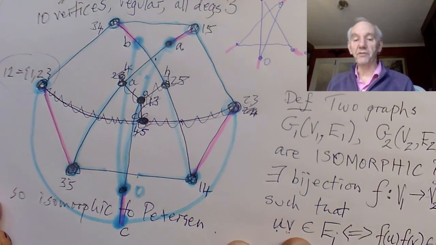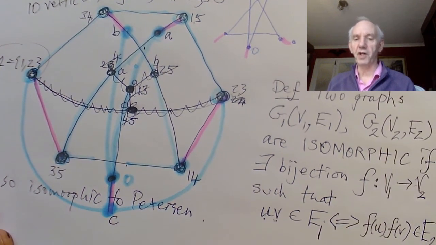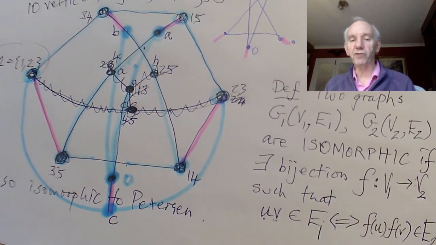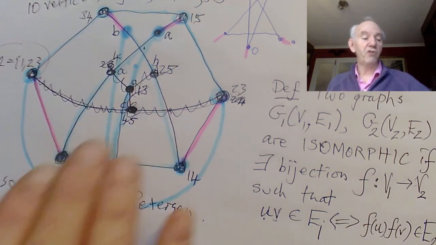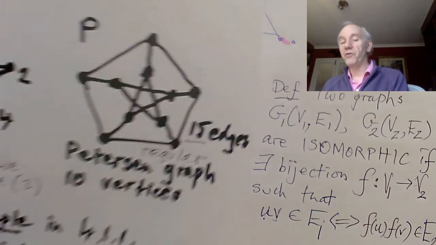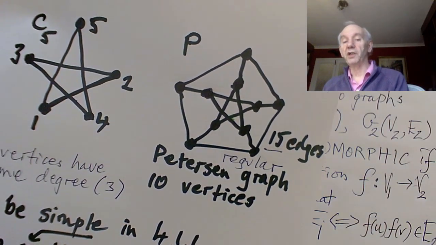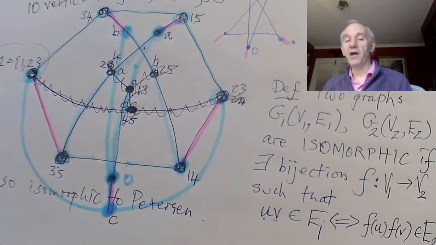The usefulness of this example is to illustrate the notion of isomorphism. You can have graphs that look very different. This hexagonal configuration really looked very different from the classical Petersen drawing, but they represent the same graph. The representation in the plane looks very different. They both have crossings which aren't really vertices, but the graphs are really the same mathematical object.